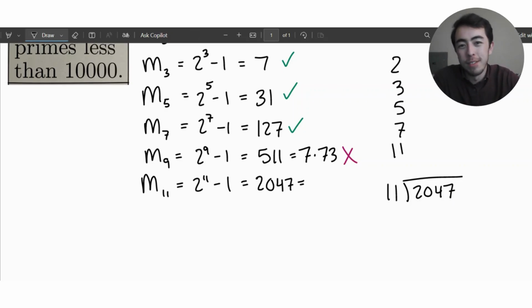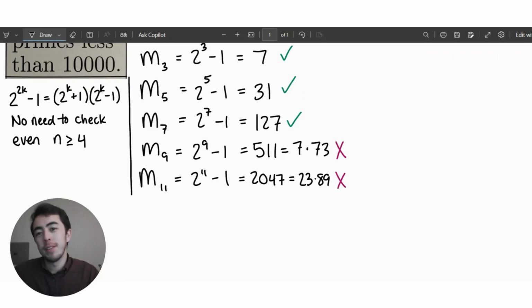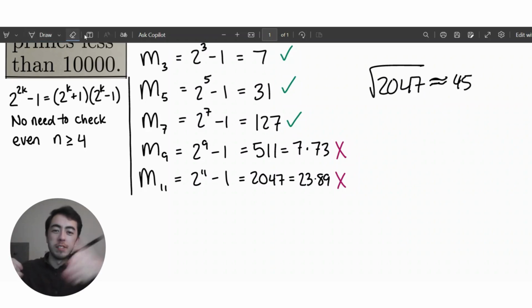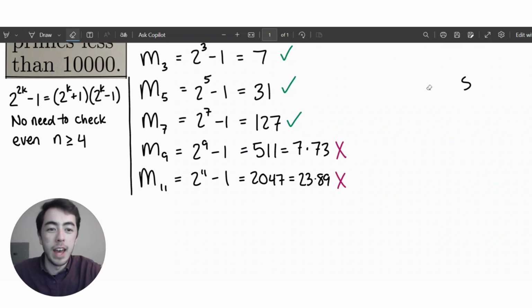I'll skip until I find the next prime number that works for 2047. Found it. It was 23. The square root of 2047 is about 45. And so using this kind of successive prime search, you would need to go up to 45 at the latest. But 23 was the first prime to work.